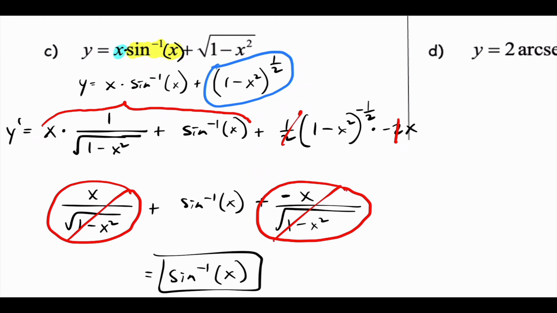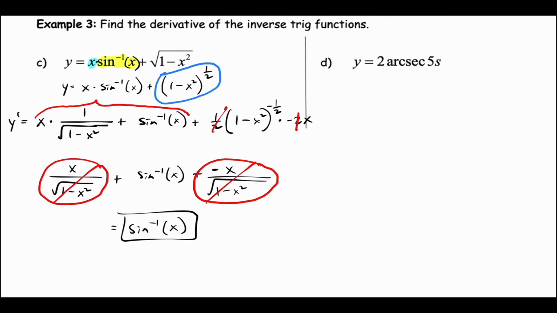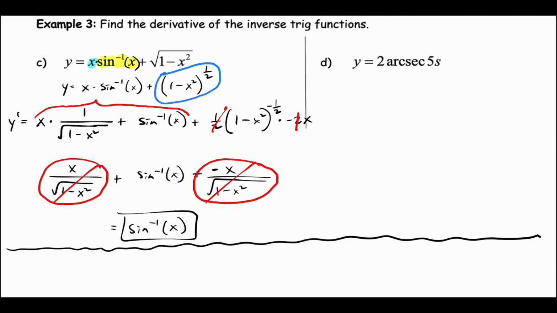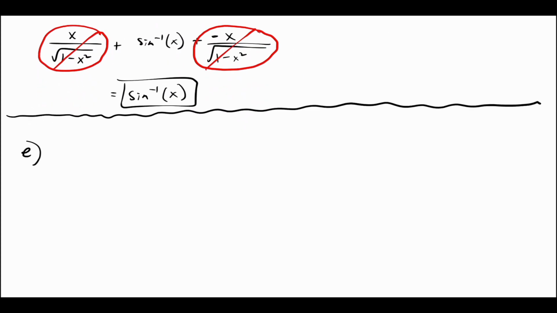Okay, so the last one. We're not going to do D just because it's more of the same. You would use arcsecant instead of the ones we've been using. So there was E. E I wrote in. See, I don't have it. Can you guys tell me what E was?